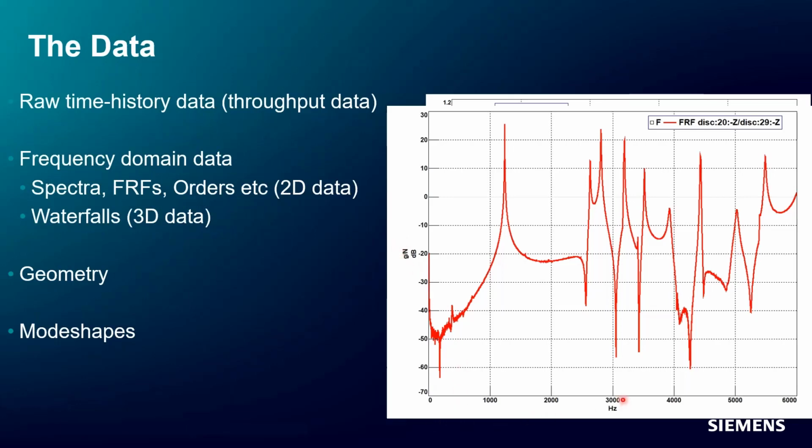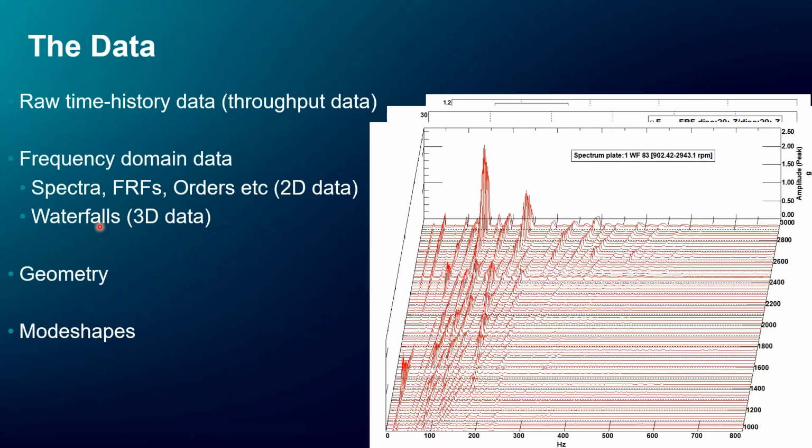X-axis is frequency. So the frequency domain data can be FRF or spectrum, or even orders and levels, order cuts and levels. Or the frequency domain data can be in the form of waterfalls. Waterfalls can be thought of as 3D data because they can be plotted in a 3-dimensional display. Here the x-axis is frequency, this axis is RPM, and this axis is amplitude of vibration.